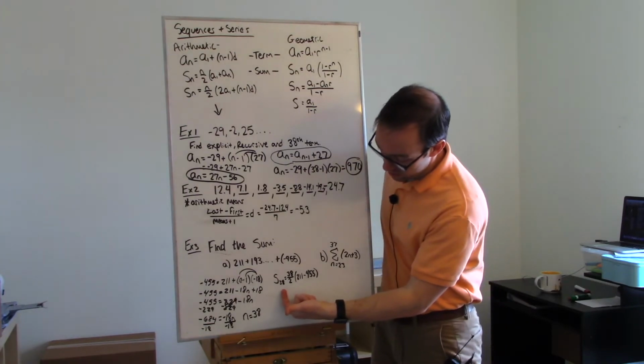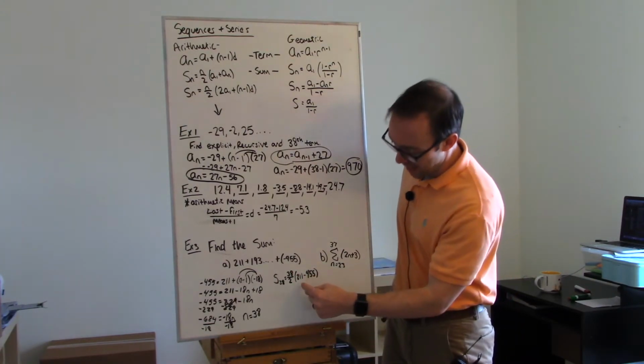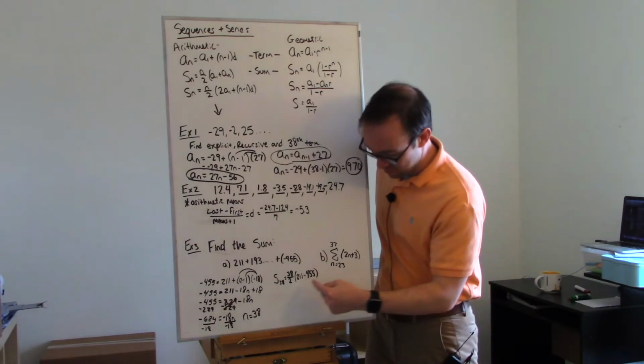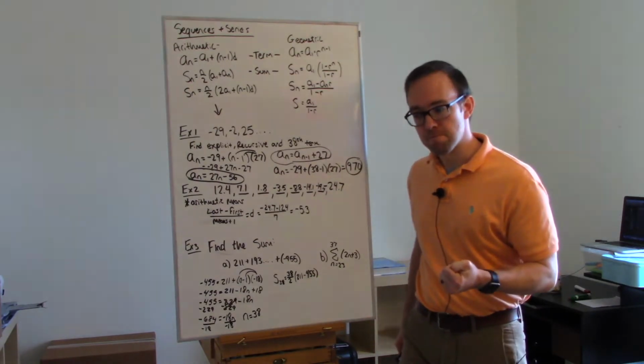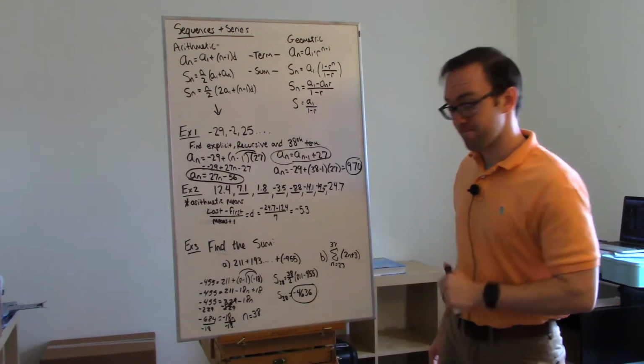So the sum of the 38 terms equals 38 over 2 times, and then we add the first term and the last term together, 211 and negative 455. So the final answer, the sum, is negative 4,636.